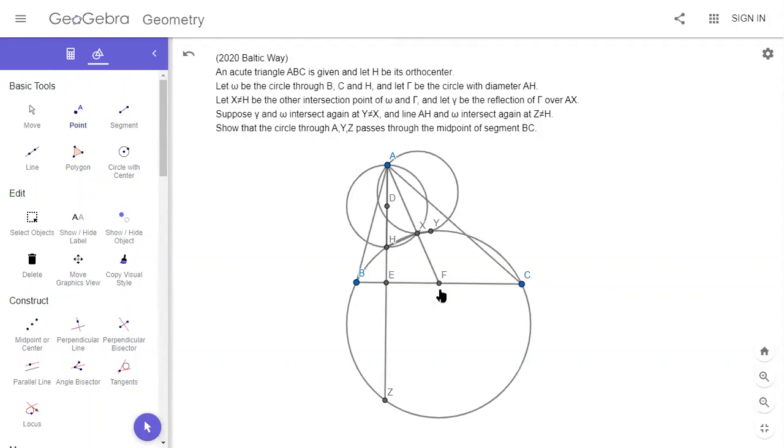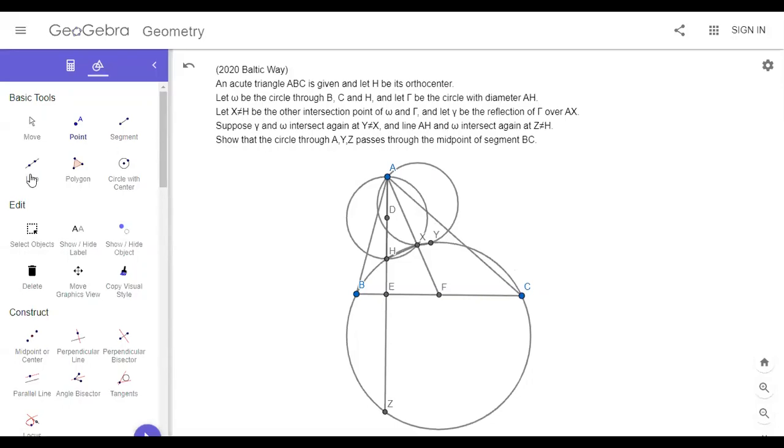Is that just an angle chase? Yeah. The reflection of A over F does also lie on that circle.